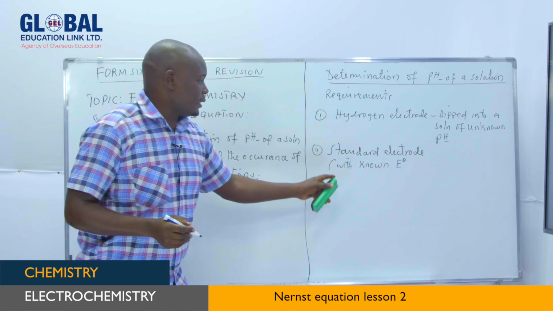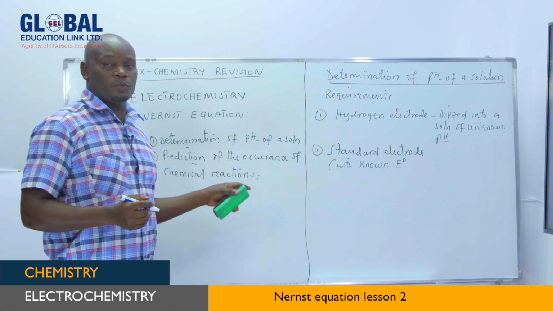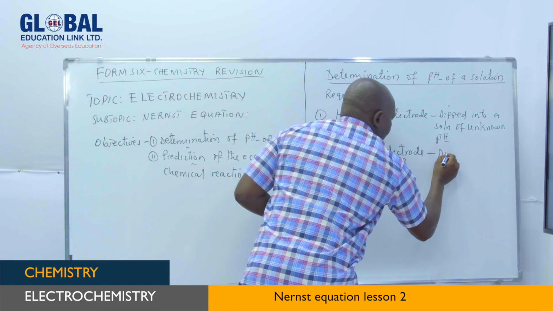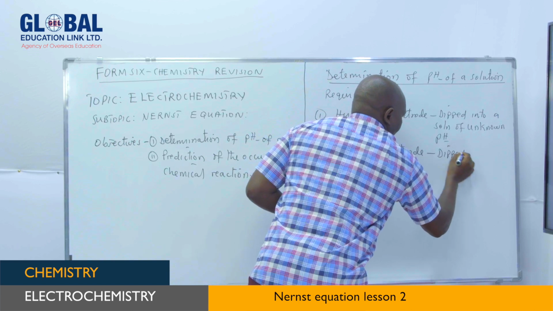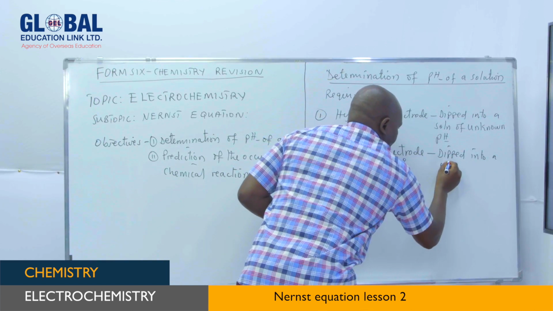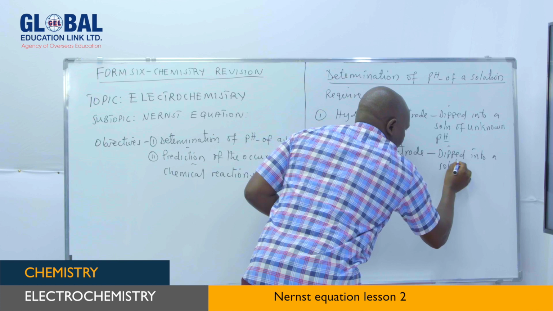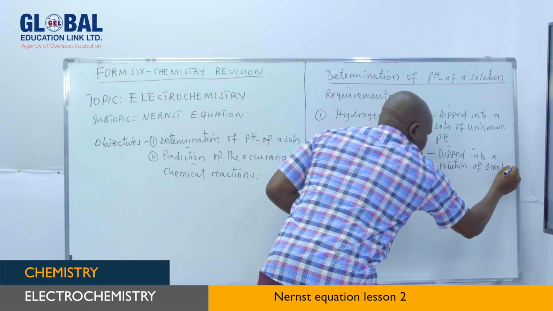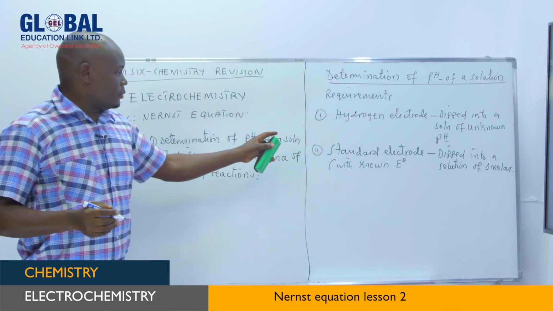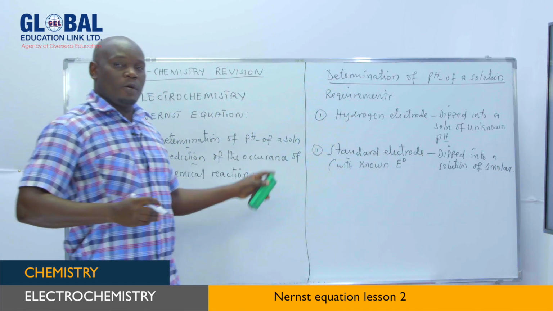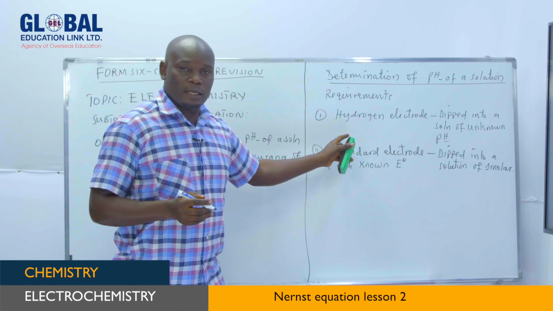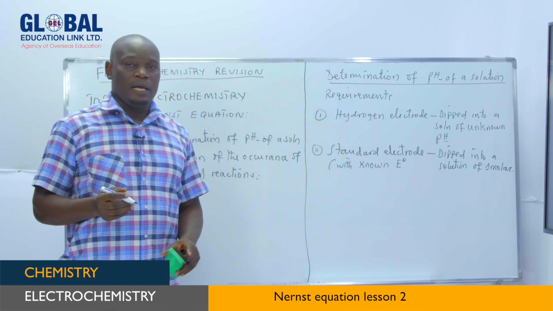This standard electrode must be dipped into a solution of 1 molar concentration. So these are the two main requirements when you want to determine the pH of a solution: you must have the hydrogen electrode and the standard electrode.